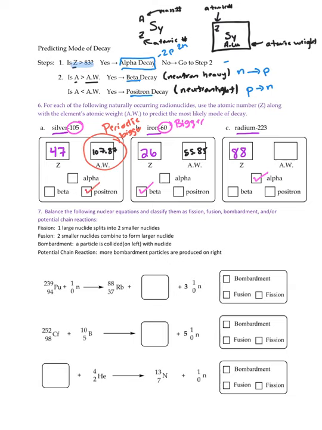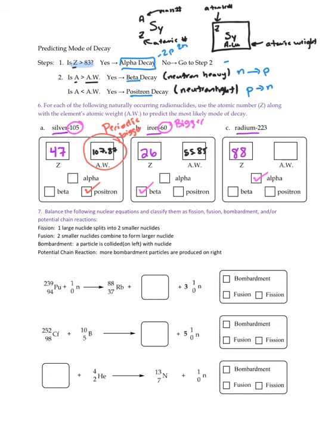Because what that tells you is my silver 105 doesn't have as many neutrons as a typical silver atom. It's neutron light. It's going to undergo positron decay to turn one of those protons into a neutron. So that's it. Those are the simple steps to predict. Basically, you're just trying to see where your isotope falls in relationship to the stable isotopes for that element. Is it too high? Is it too low? Or is it something that's way beyond the belt?